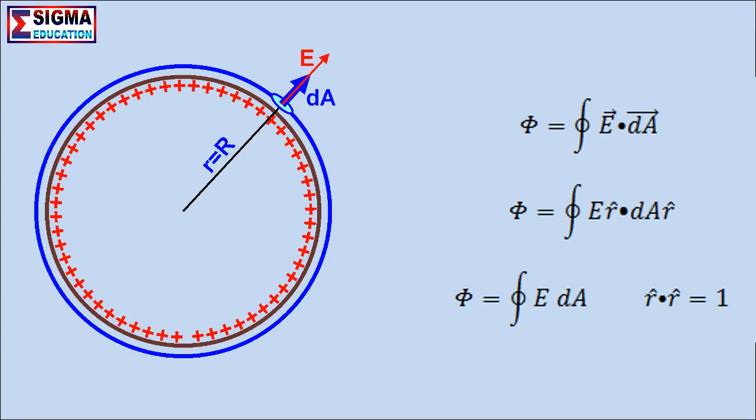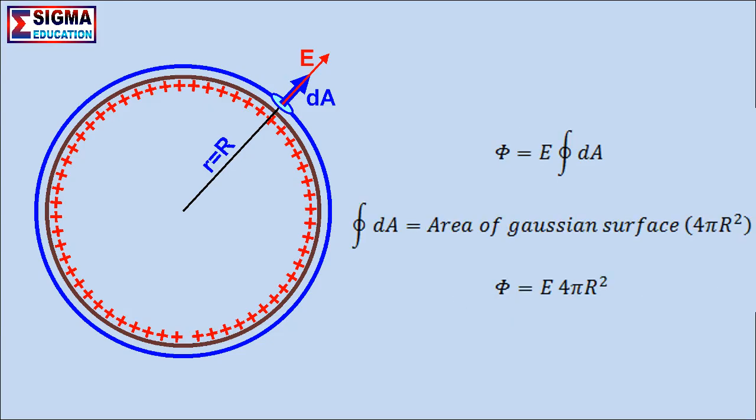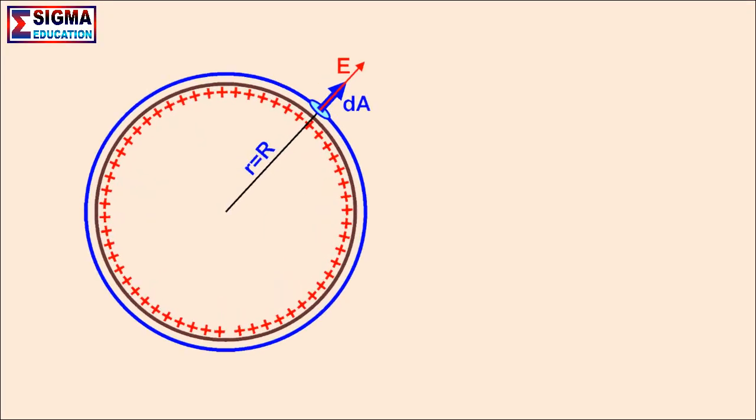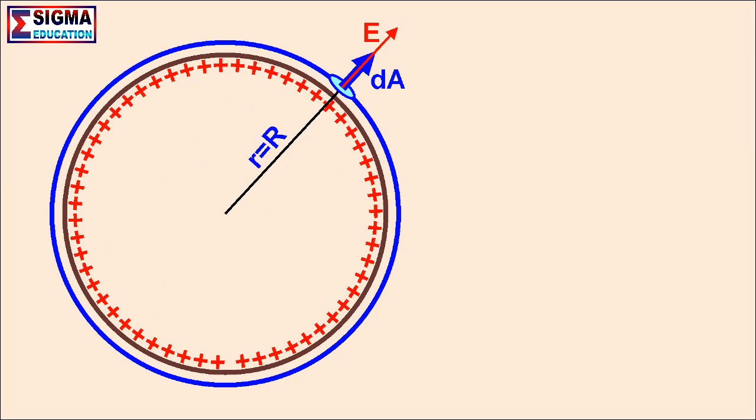Therefore, capital E comes out of the integration. Finally, we get the electric flux phi equal to capital E into 4 pi capital R square. The shell is completely inside the Gaussian surface, therefore the charge enclosed within the Gaussian surface must be equal to the charge on the shell.